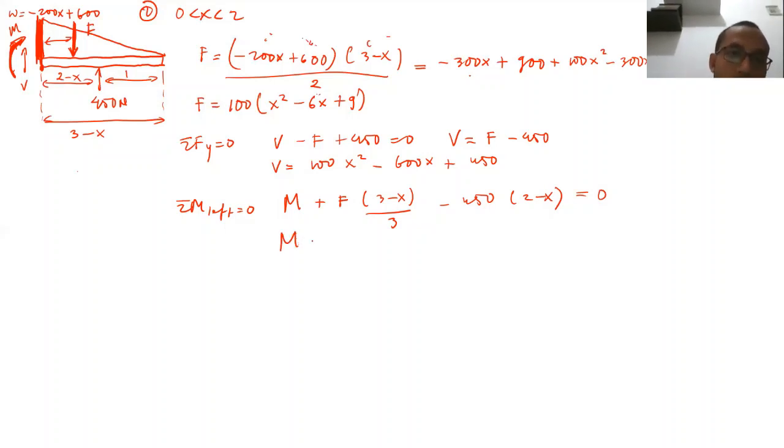Then our moment will be, not minus, I like to use minus here, F multiplied by minus 1 multiplied by 3 minus x divided by 3, supposed to be x minus 3 divided by 3.